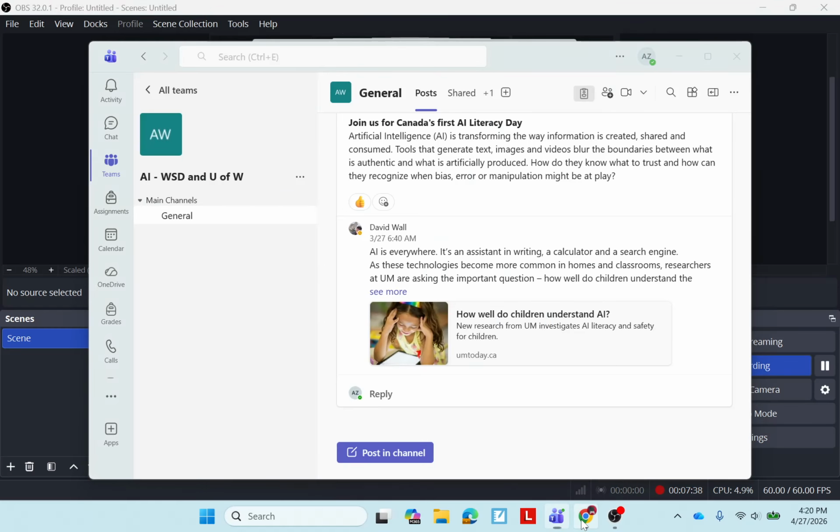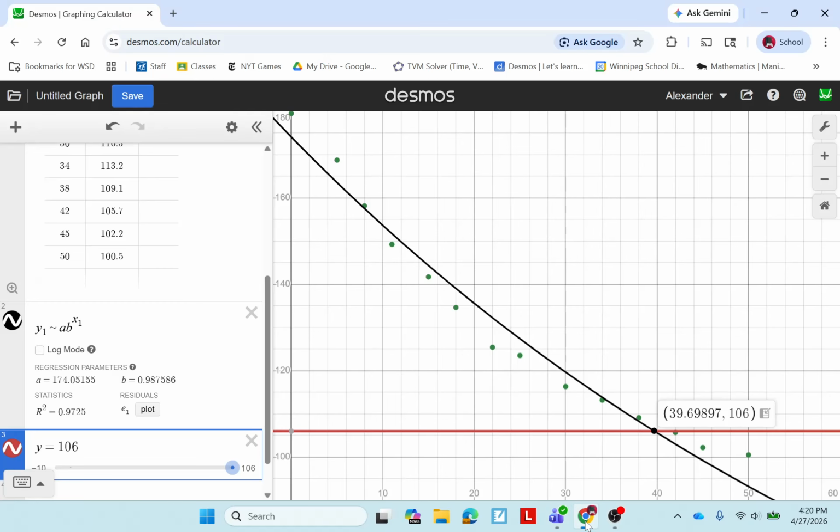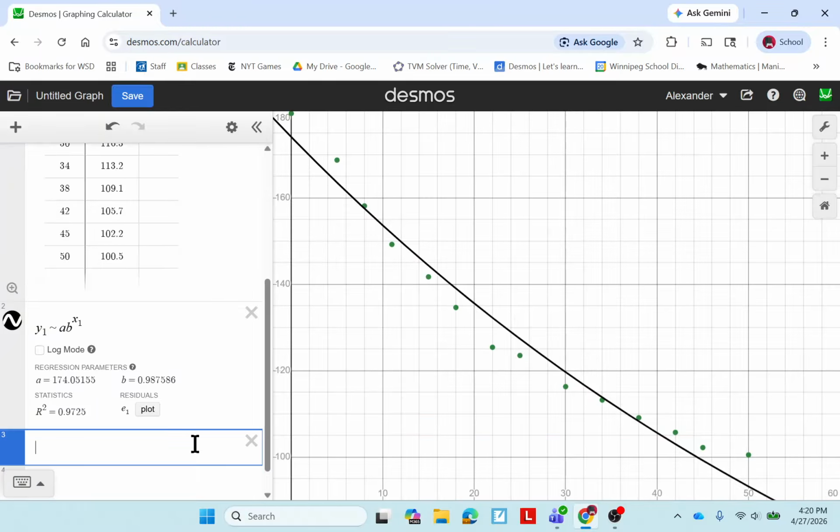My E question says, what is the predicted temperature of the coffee after 1 hour? Now it's giving us time. 1 hour is 60 minutes, and again, my time is measured in minutes. So I'm going to enter x is equal to 60 and see what the intersection point is.